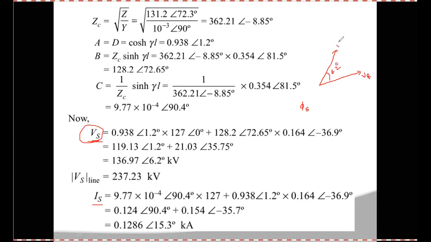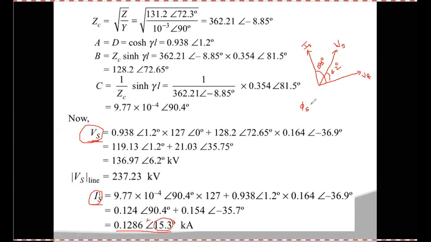Okay, this is the value of Vs. In a similar way, the sending end current Is is 0.1286 at an angle of 15.3 degrees. So this is also plus 15.3 degrees, so the current also will lead the reference. That means the current will be leading VR by an angle of 15.3 degrees. Okay, this is the Is.